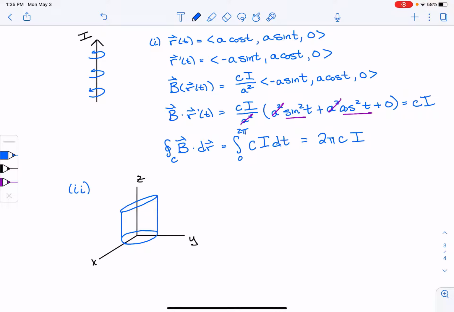And so now we have C1 is here. And then in order to have my normal vector pointing outward like this, I'm going to need to orient my other opening to this surface in the other direction.